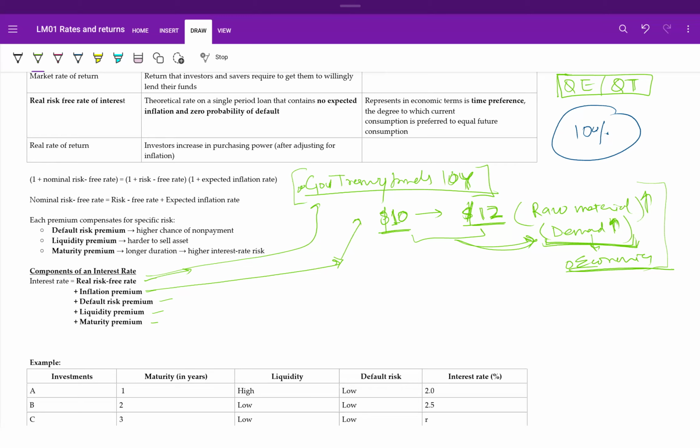So let's say that you lend $100 to somebody who has a high risk of default, and you are worried that he might not pay. There is this person A and there is this person B. You have given both of them $100, and person A has high default risk.